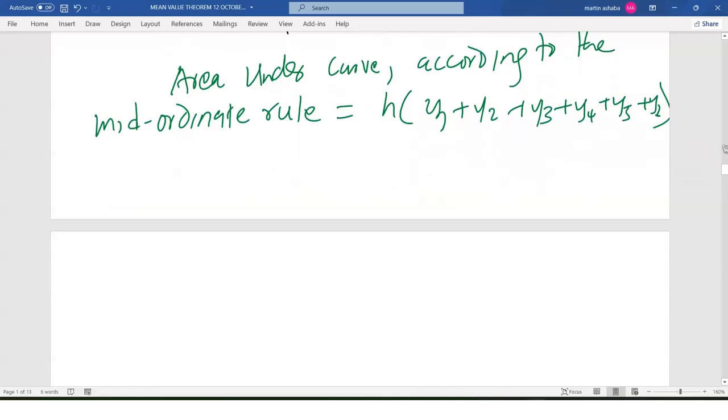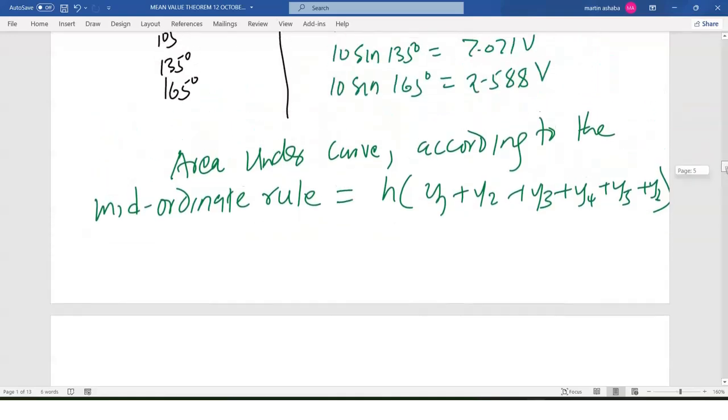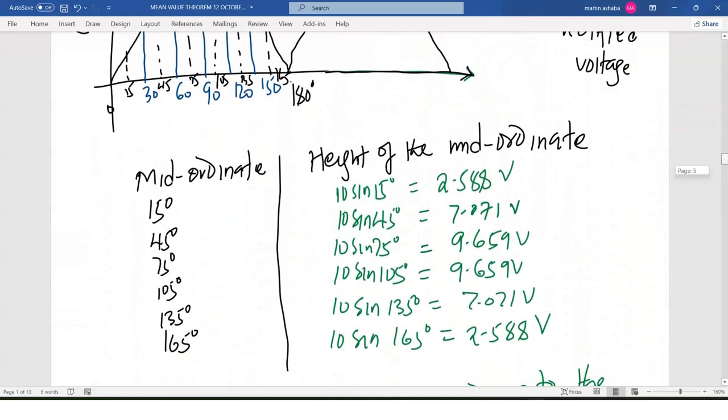And h is 30 degrees, which we must put into radians. Let us first get the sum of these values.